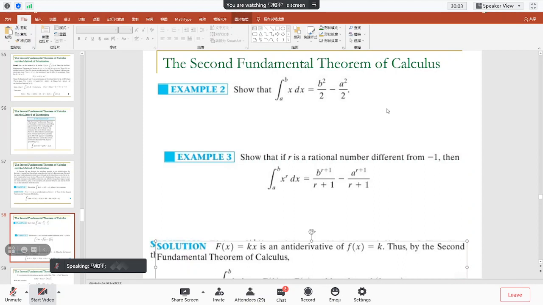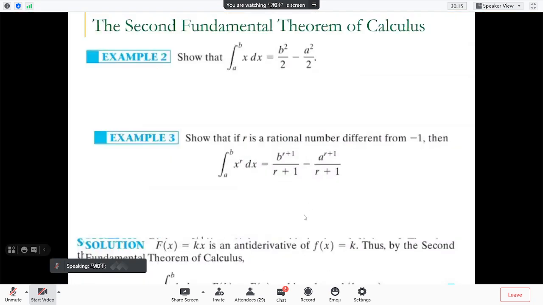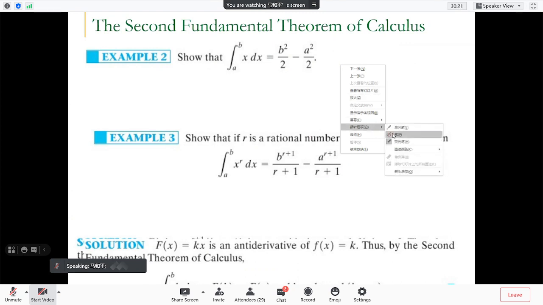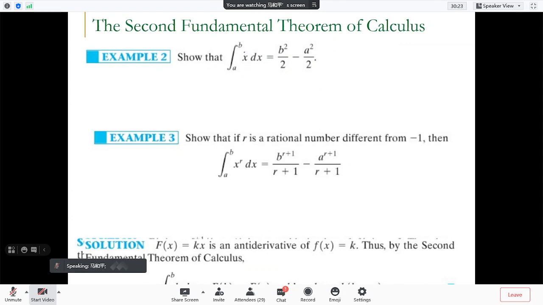Example 2: show that the integral from a to b of x dx is equal to b squared over 2 minus a squared over 2. So we should find any antiderivative of x.